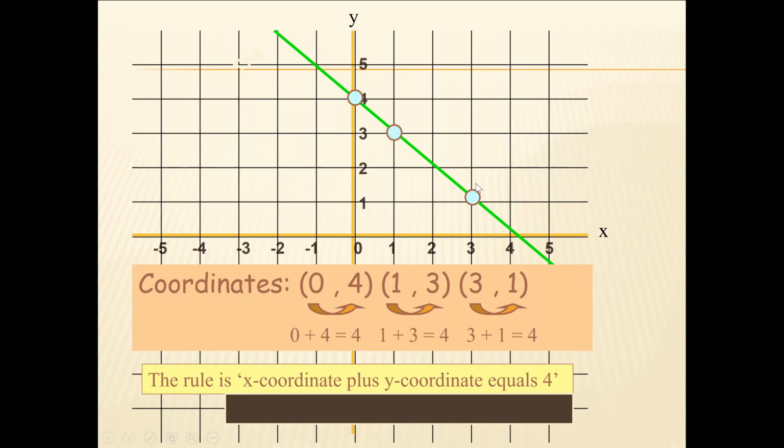So the equation is x plus y equals 4. Do you think this method is convenient for finding the equation of any line, or is it more time consuming? There are many formulas for finding the equation.